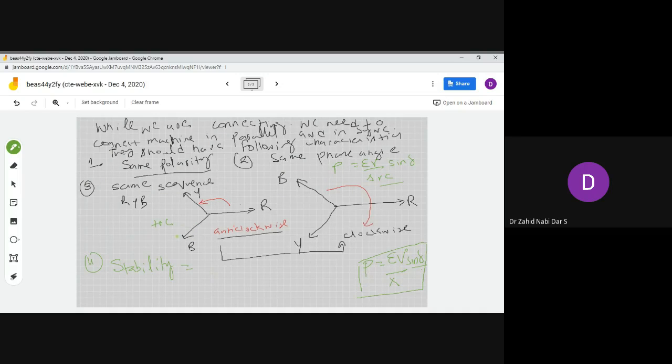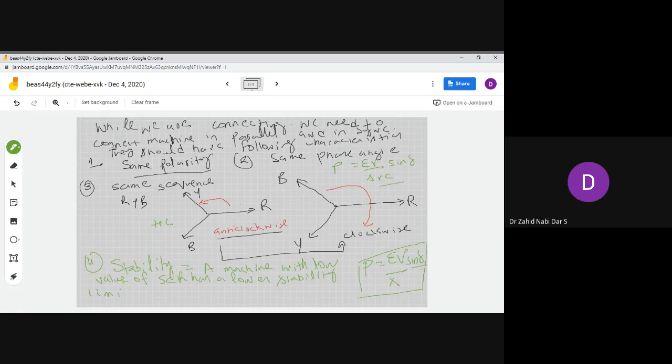Stability: a machine with a low value of SCR has a lower stability limit. This is one important factor.